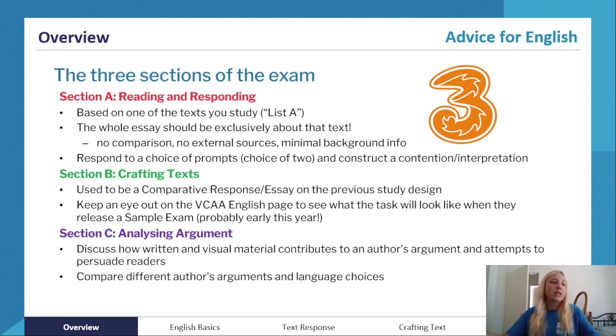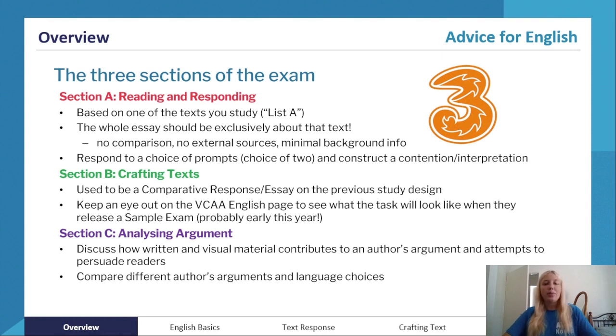So you do have a specific theme or big idea that you need to be writing about and you need to be looking for in all of your mentor texts and analyzing how your mentor text presented that idea, embedded it within their writing. We'll look at that in a little bit more detail when we get to the crafting text part of the session.